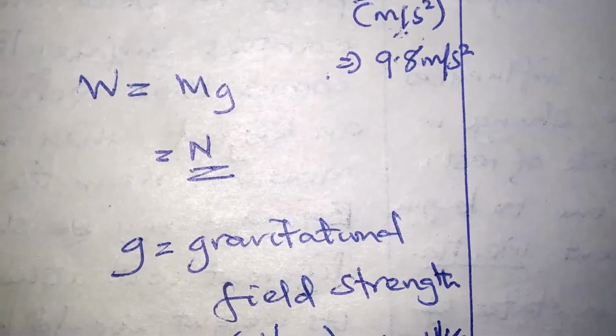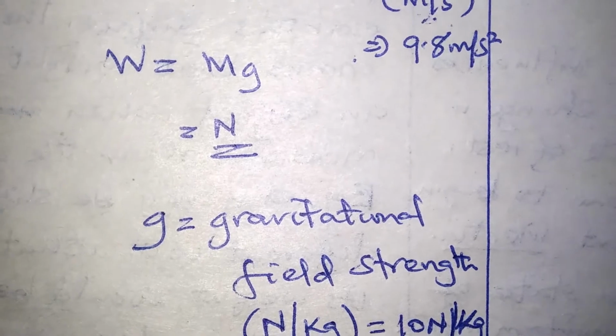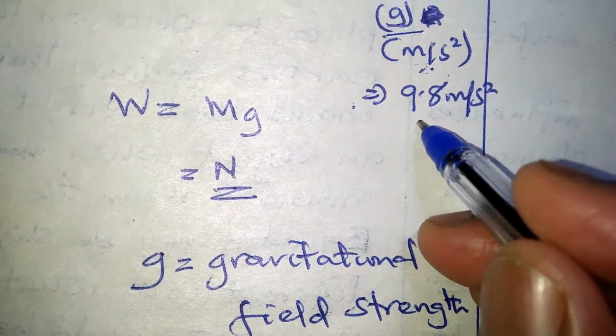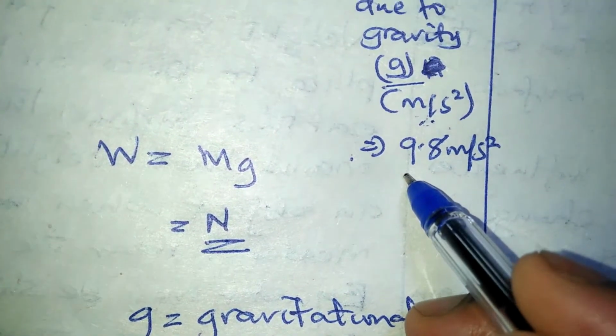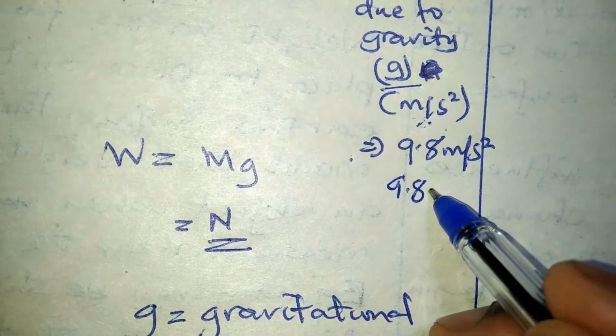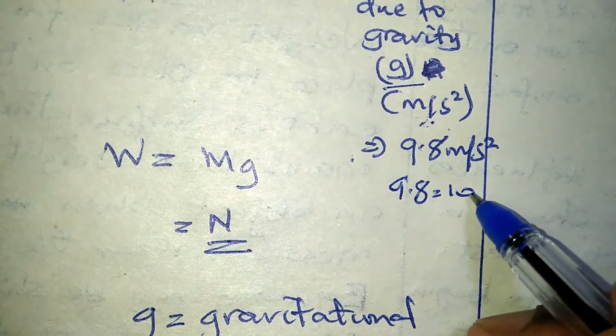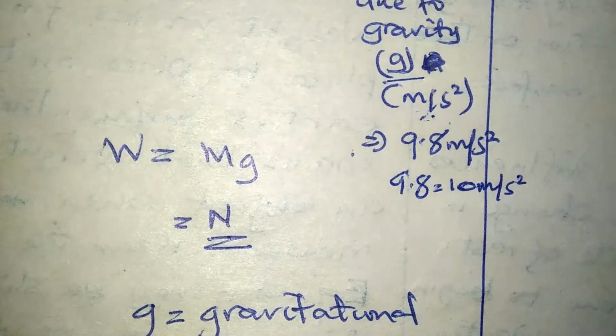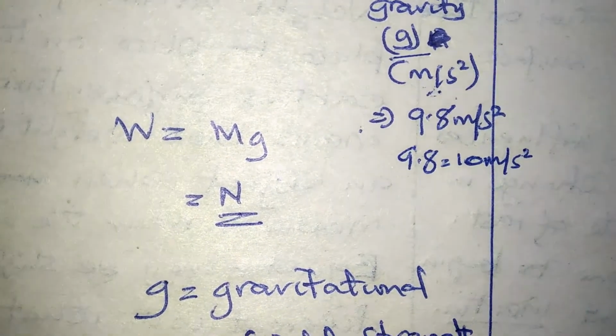To see this, first of all, it's important to know that acceleration due to gravity is approximately equal to 9.8. The value 9.8 can be rounded off to 10, so we can say that acceleration due to gravity is 10 meters per second squared.